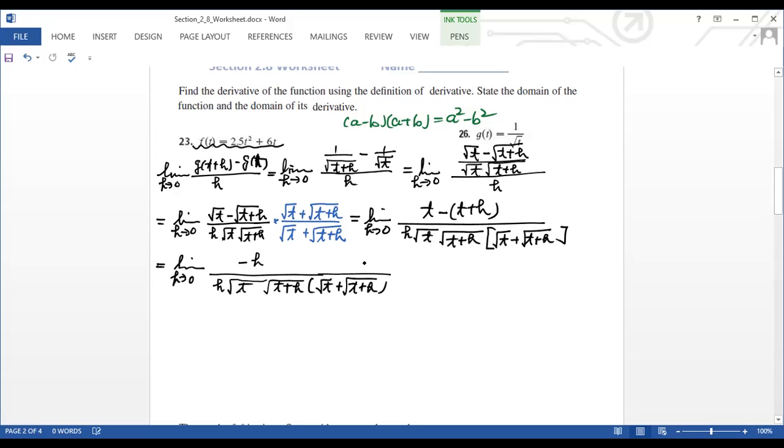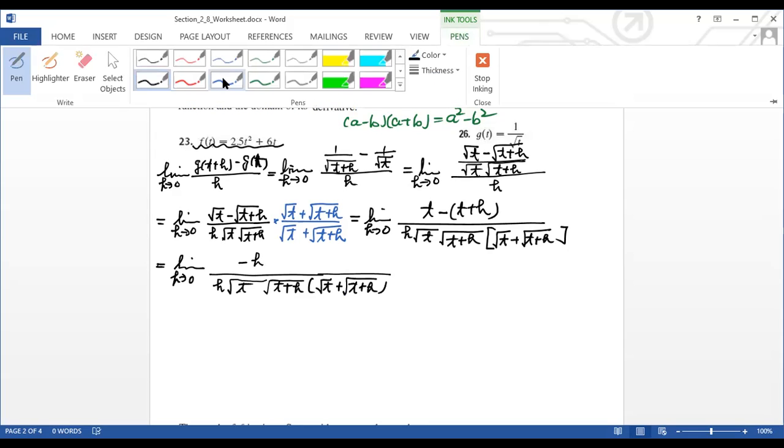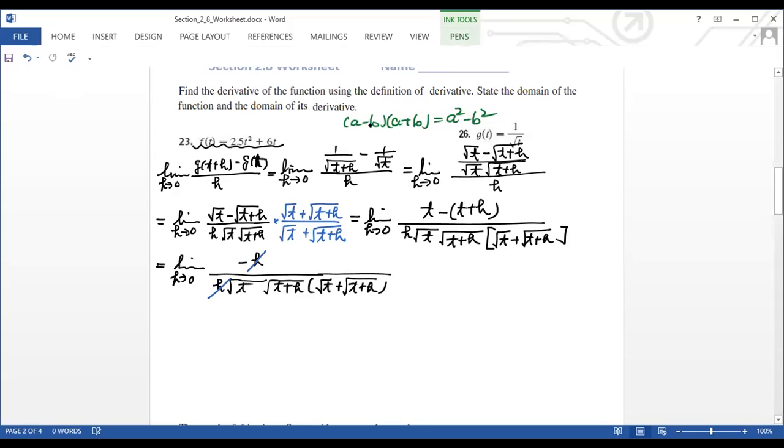Remember, just be careful when you do algebra and be organized. So now the h and h can cancel. That's good. And then when h approaches 0, this one approaches 0, right? And at the top, after you cancel, is 1, right? H and h.